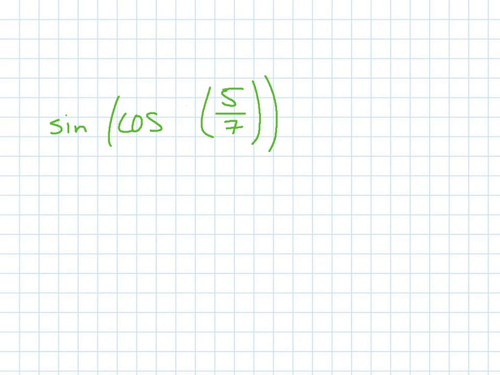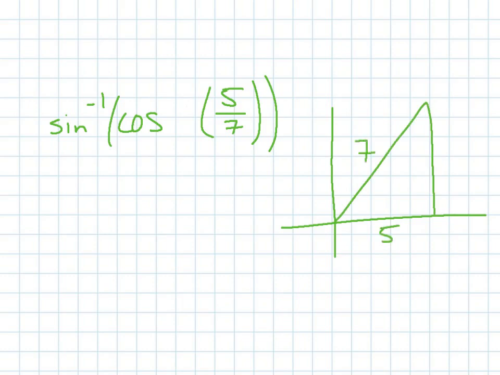Okay? Let's say they give you something like that, which is completely possible. So cosine of 5/7, that means that they want more of an exact value. Okay? So we need to draw a triangle. 5/7 is positive, so it would be in the first quadrant for cosine. So 5 is your adjacent side, 7 is your hypotenuse.